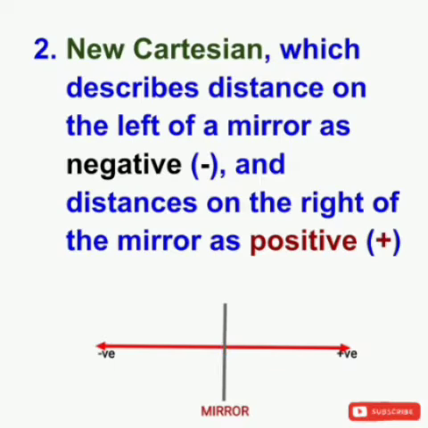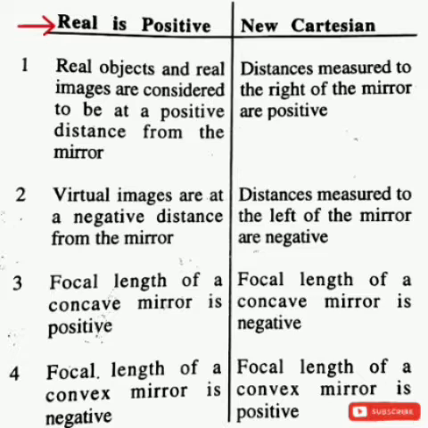Now let us differentiate between real is positive and the new Cartesian convention. 1. For real is positive, real objects and real images are considered to be at a positive distance from the mirror. For new Cartesian, distances measured to the right of the mirror are positive. 2. For real is positive, virtual images are at a negative distance from the mirror, while for the new Cartesian, distances measured to the left of the mirror are negative. 3.